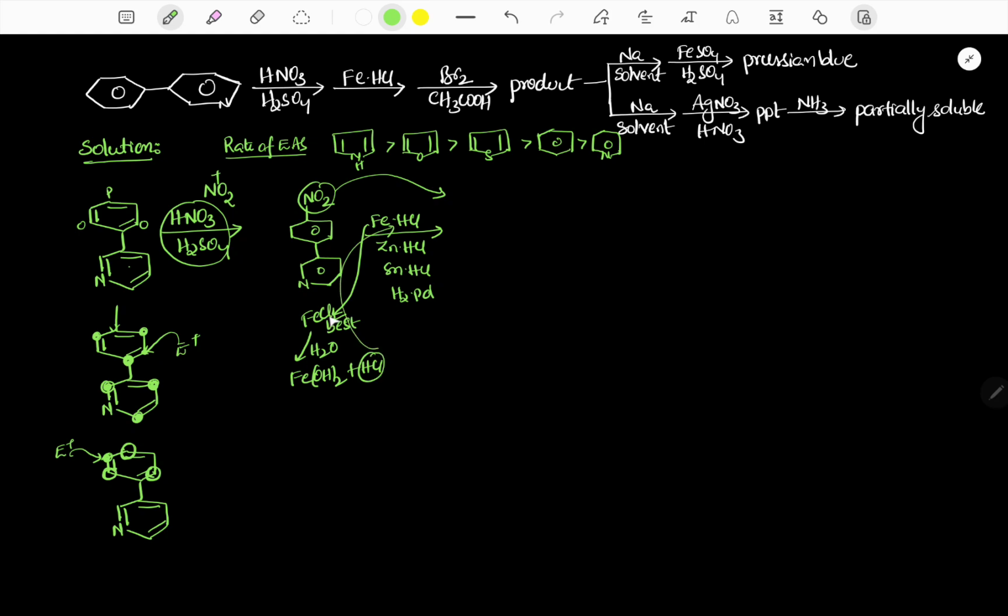So it is an advantage. Ferrous chloride can be hydrolyzed easily, but zinc and Sn do not undergo hydrolysis easily. Now the product after reduction: the NO2 group is converted to NH2.